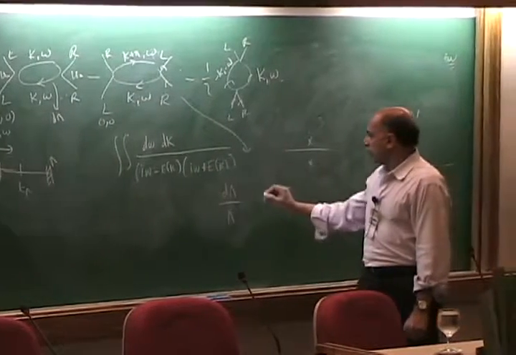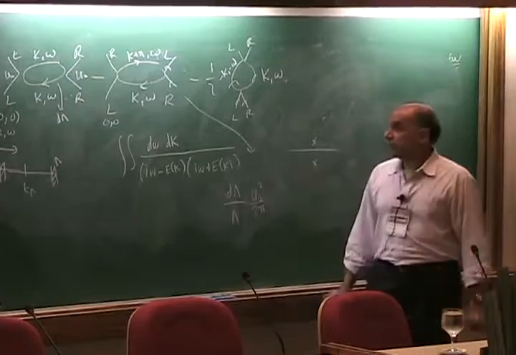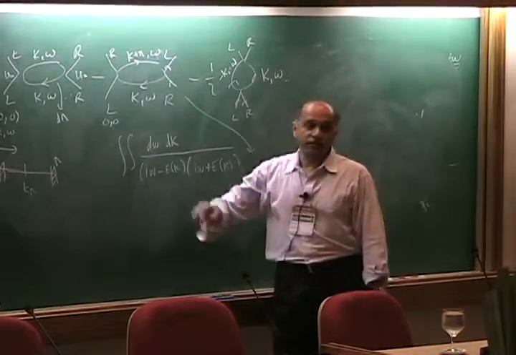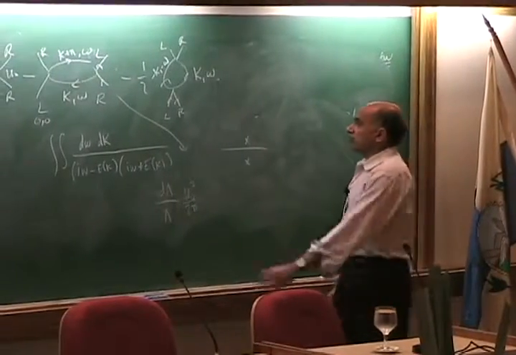The factors of pi and u, which I will just tell you what they are, is u0 squared over 2 pi. u0 squared is obvious from here and here. That's the contribution from this diagram.